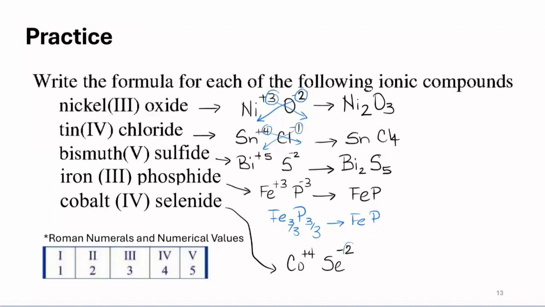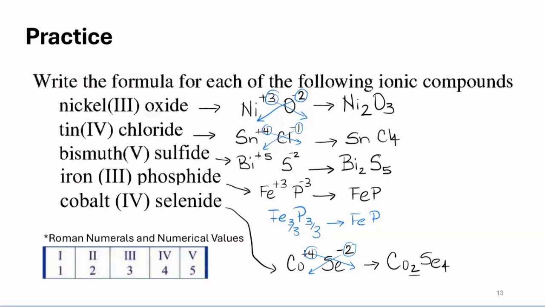When I take this number and I put it as the subscript of the other atom, I take the 4 in cobalt and make it the subscript of the selenium or selenide. I find Co2Se4 as my answer. In this chemical formula, we also have to apply rule 4, just like we did in the iron 3 phosphide example.